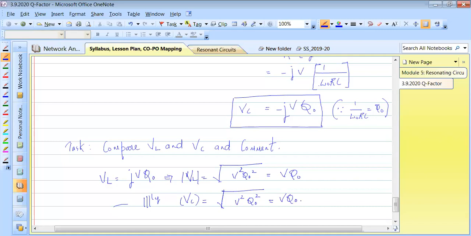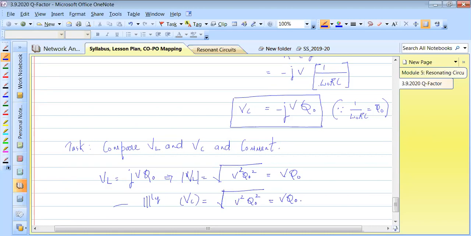So what comment can we make at this point? The voltage across L is equal to the voltage across C. No, the magnitudes, we should say. We should not just say voltages. The magnitude of voltages across L and C are equal at resonance.